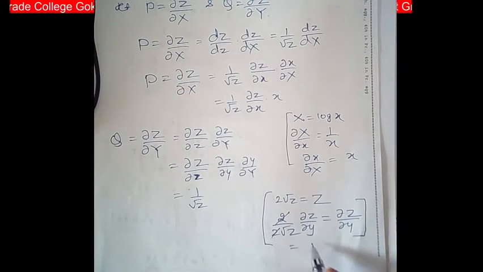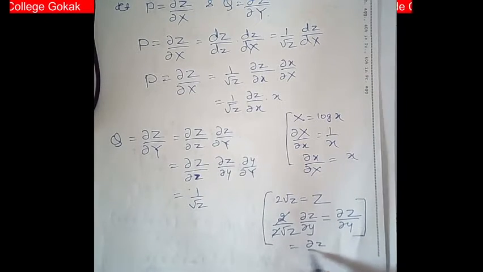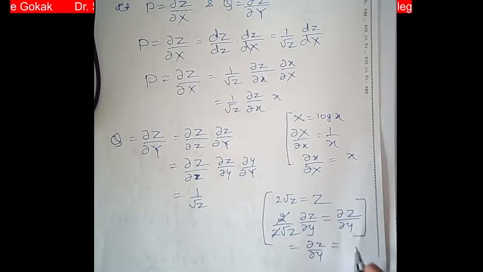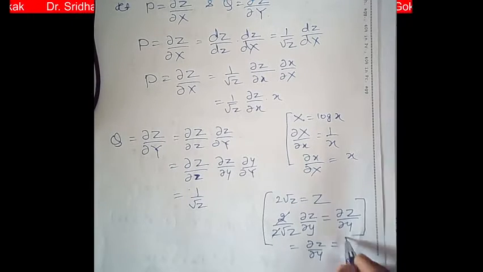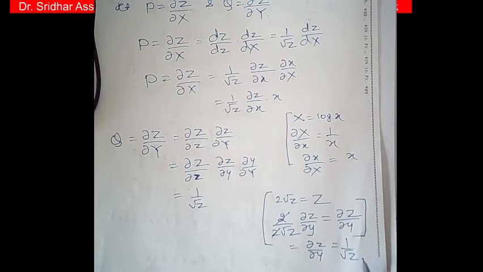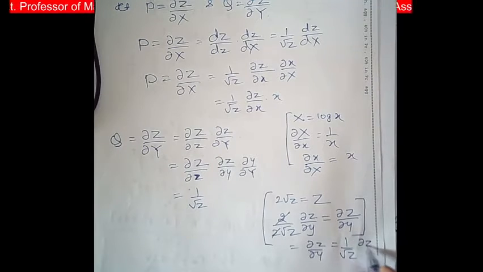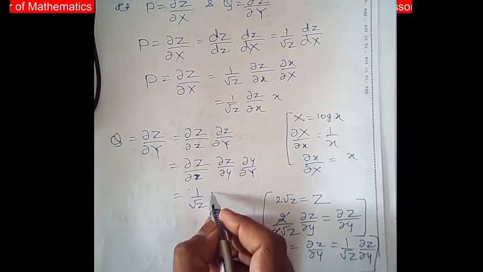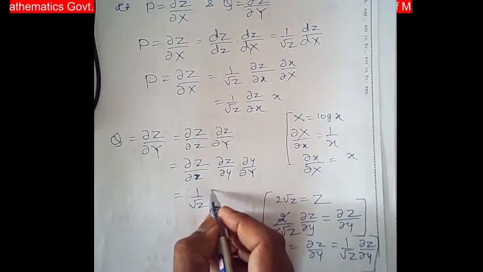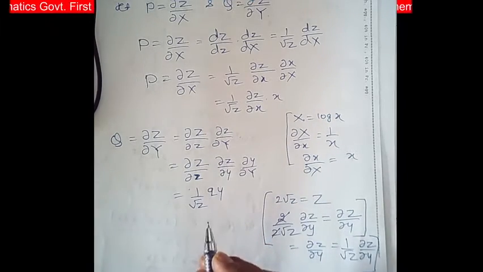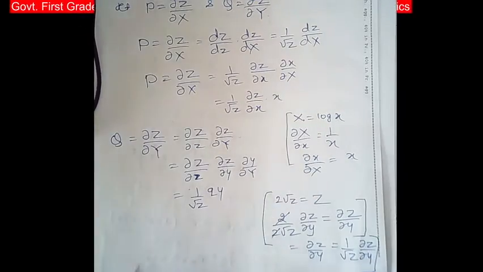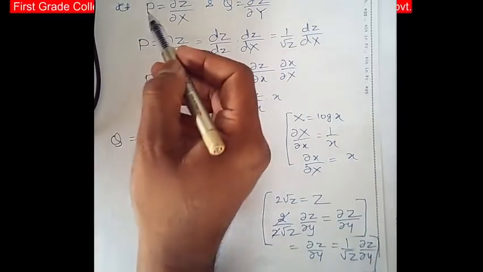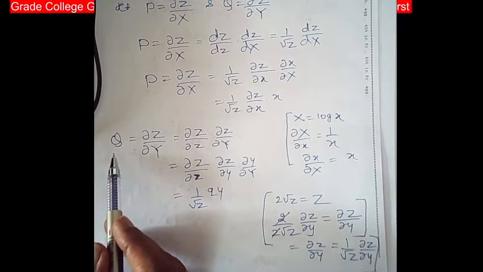So which gives dou z by dou y is equal to 1 by root z into dou z by dou y. So we substitute this here and we will get 1 by root z into q into y. So we obtain p and we obtain q.